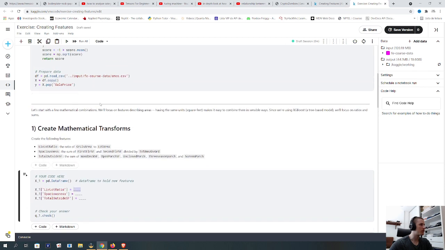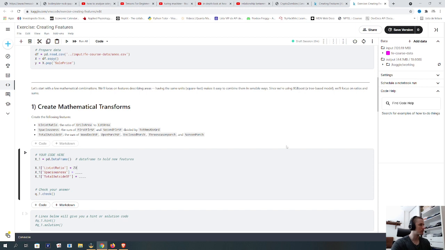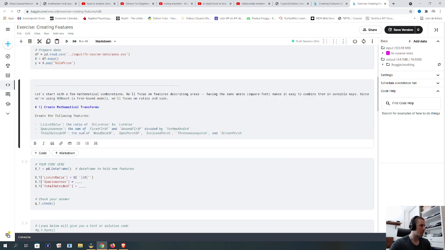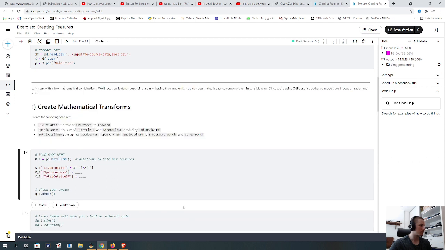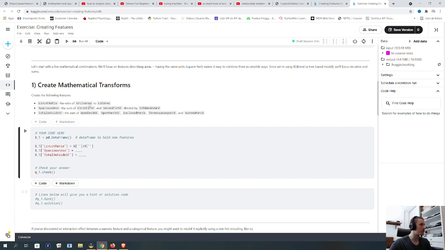So the name of the data frame is X. The ratio of ground living area to lot area. Spaciousness, the sum of first and second floor divided by 2.